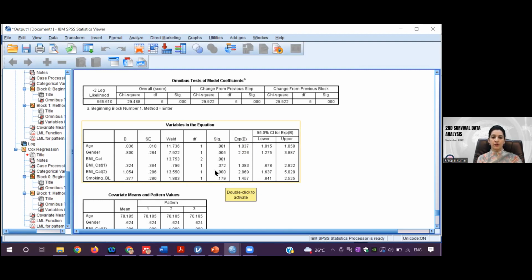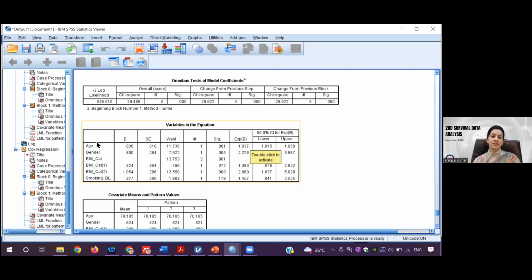That is because of the difference between this 2 and 1, that means the comparison between the obese and normal, because our reference is the normal. So yes, now what does this 1.037 mean? How will I write that?